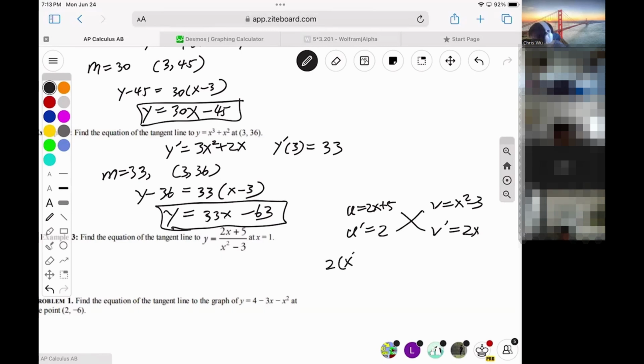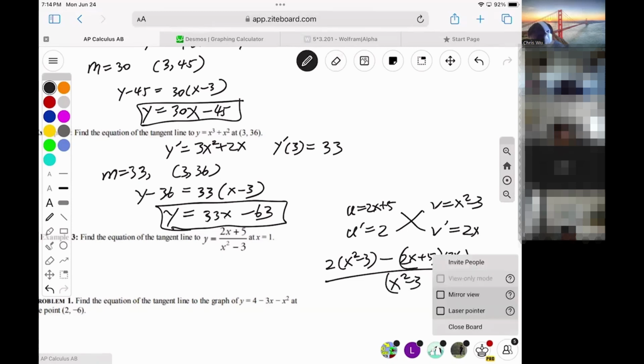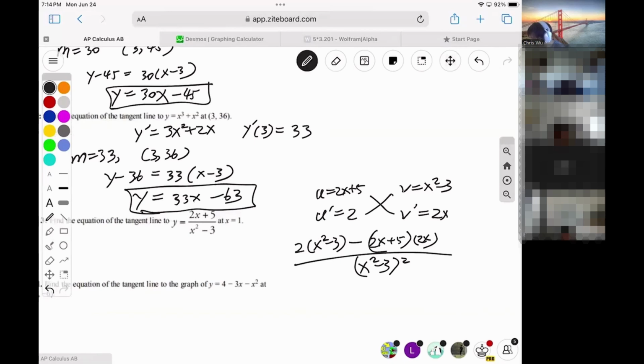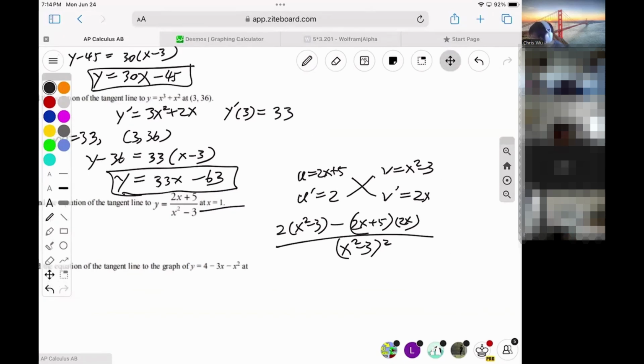So (2)(x squared minus 3) minus (2x plus 5)(2x), divided by (x squared minus 3) squared, right? Okay, I'm not going to bother simplifying it because I feel like just plugging in numbers might be easier at this point. So y prime, or m, is equal to plugging in numbers.